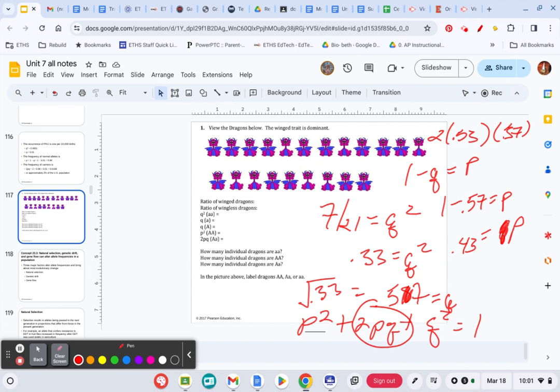So I can figure out all of that. The key point is that you always want to find q or q squared, because once you find that, you can take the square root of q squared, and then the other numbers fall into place. You can find p, and then you can find the number of individuals that have particular traits.